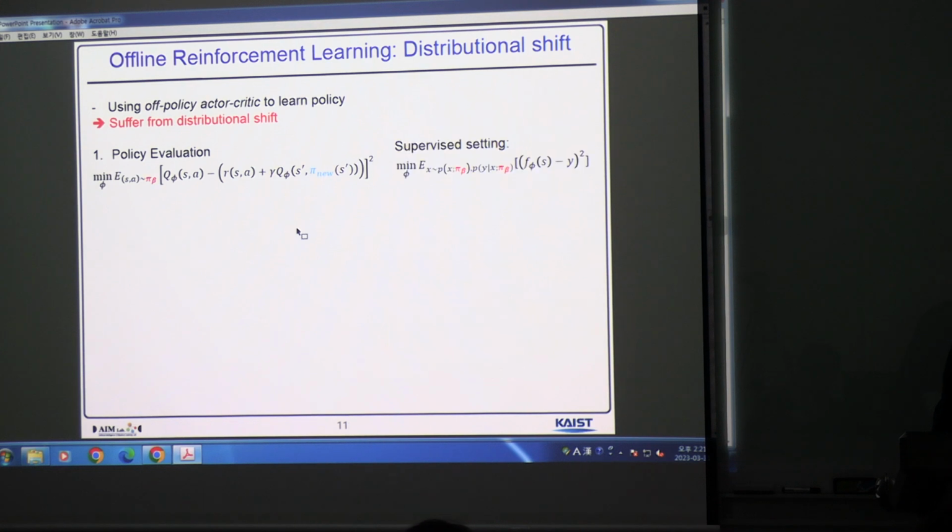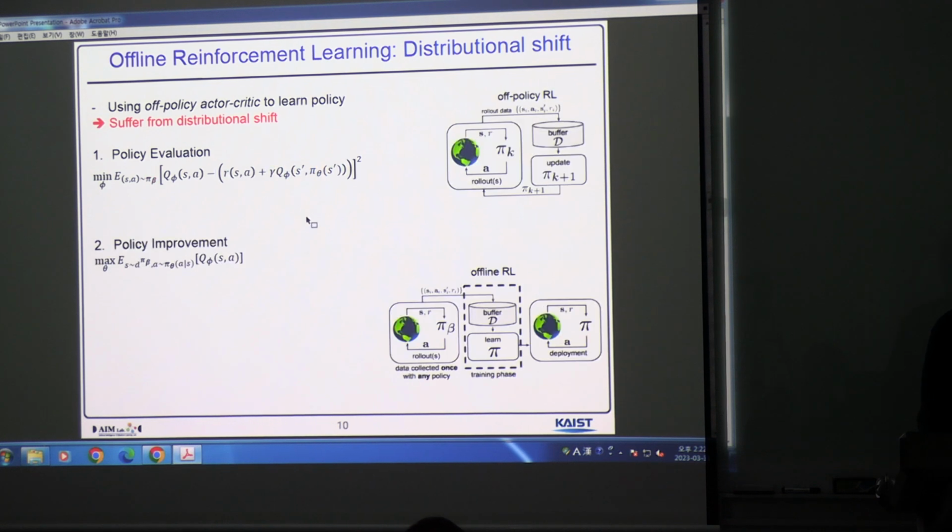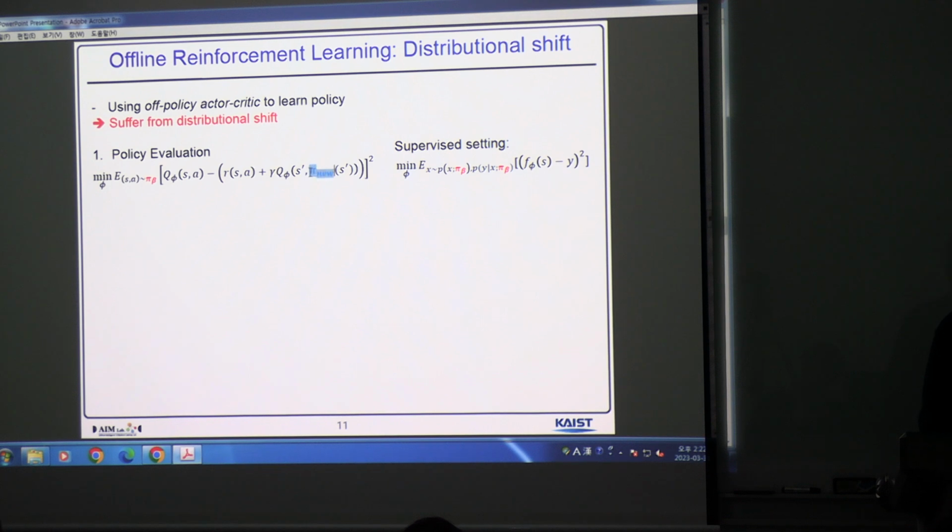So let's look in detail at the first step, the policy evaluation. When you optimize the Q network, the target is an expectation over the policy, like pi nu. Assume that in the first step, pi nu is equal to pi beta here. So there's no problem with this one.